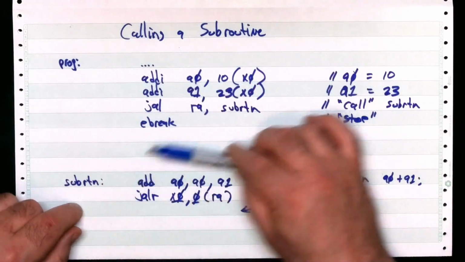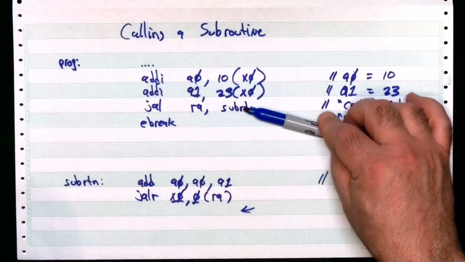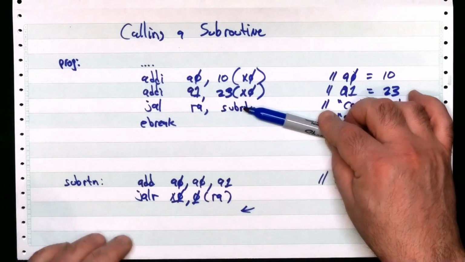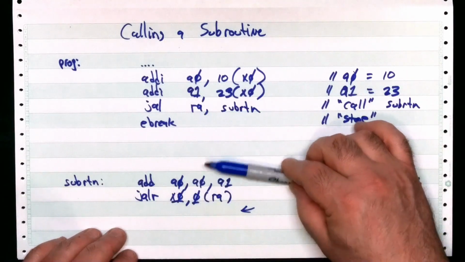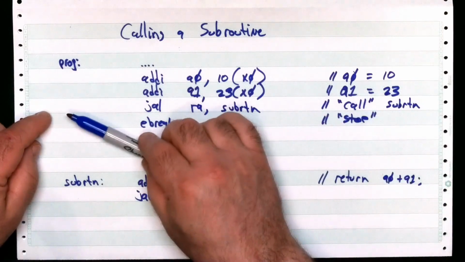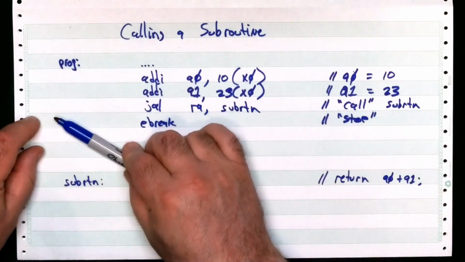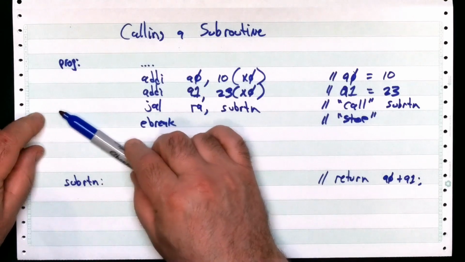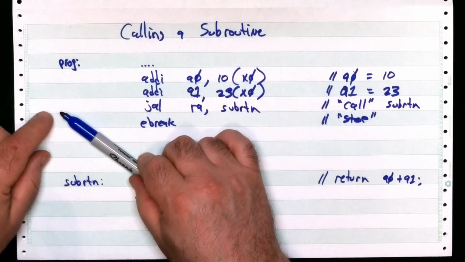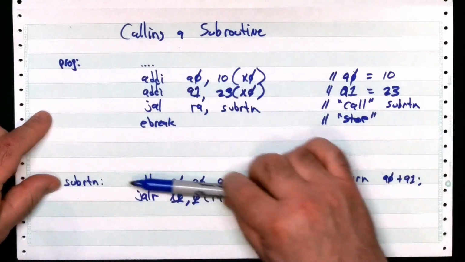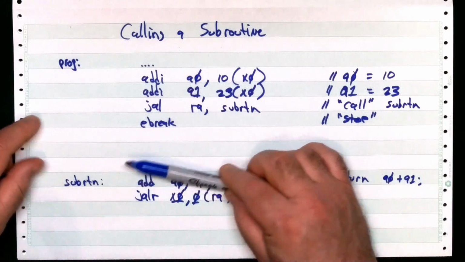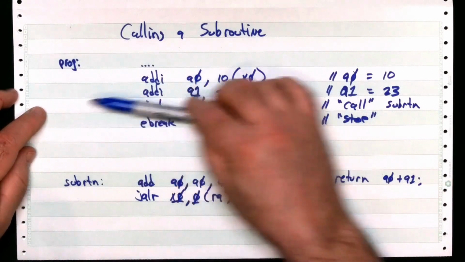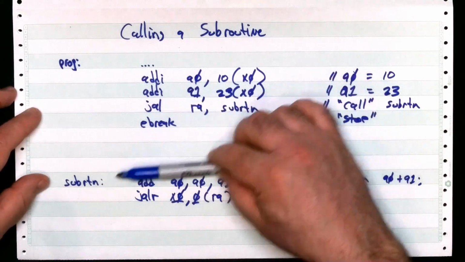Because remember, this is program counter relative addressing. It would need to know, inside the encoding of the JAL instruction, this PC-relative value that goes over here. It's not the address of the subroutine. It's the distance between the address of the JAL and the address of the subroutine.